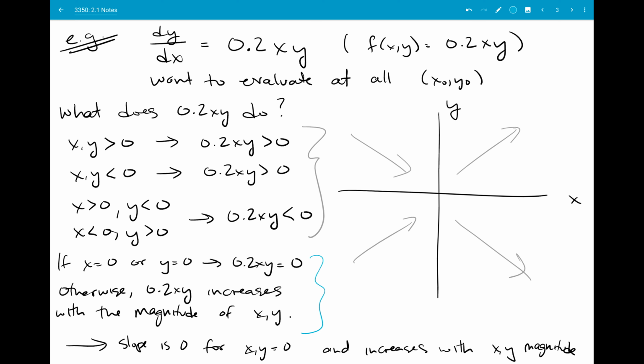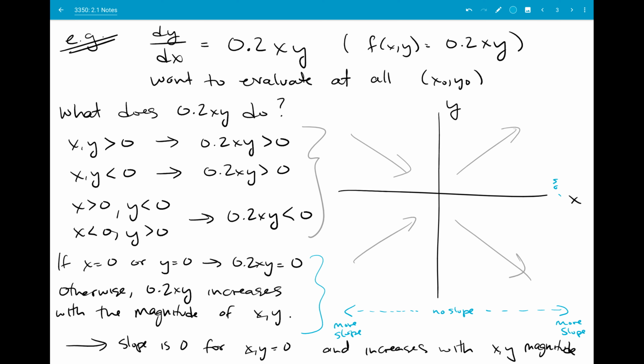Let's say that as we move away from 0, we'll get more slope in x. And the same thing in y.